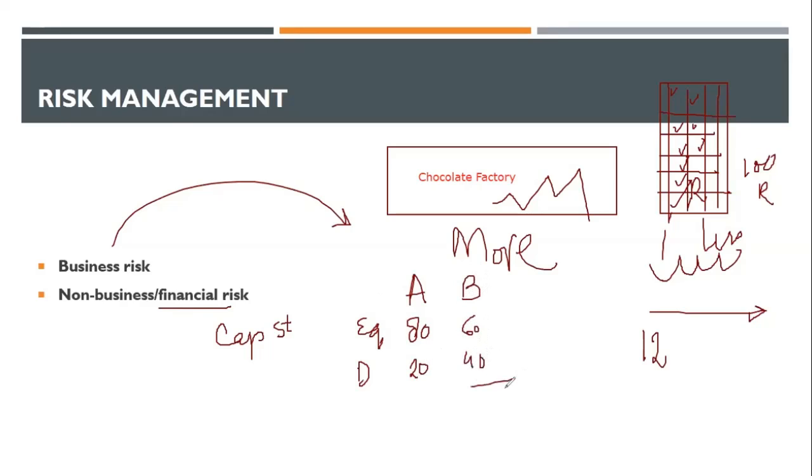Naturally, its risk is more, because more debt means more interest payments, fixed costs are more, so risks are there. Here, risks are less. They might be in the same business, so their business risk is the same, but their financial risk is different. So the total risk we talk about comes from two sources, business and financial. And we will discuss them both.